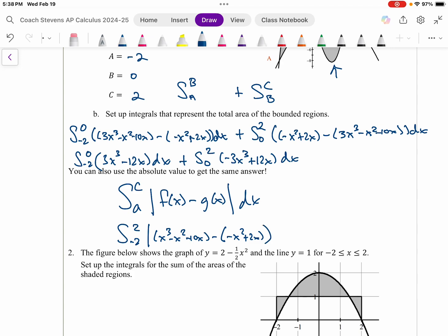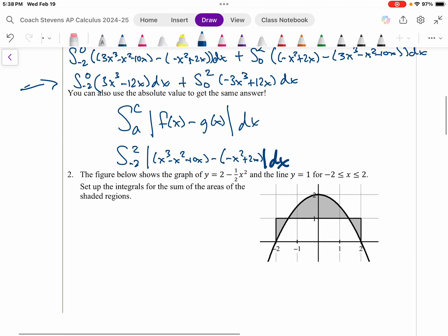We can put the dx after the absolute value bar, which is where we would stick it. So there's another way you can do it. But again, make sure that the absolute value bars are inside there. And so it might be safer, if you can't remember where to put the absolute value bars, to just set up the two integrals. Not too hard.